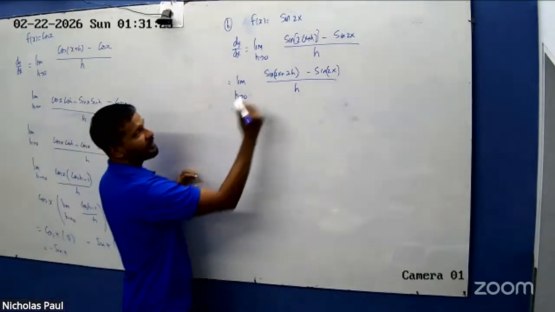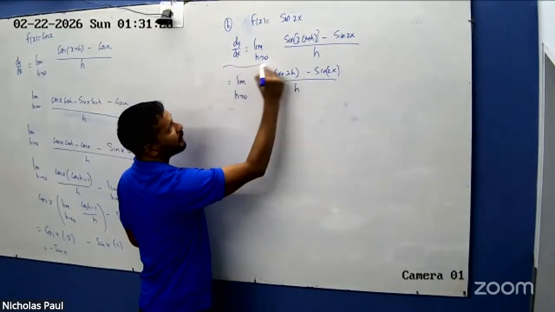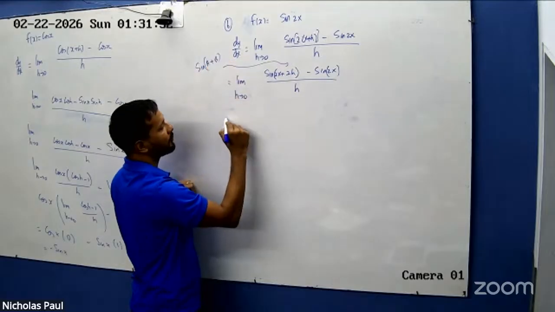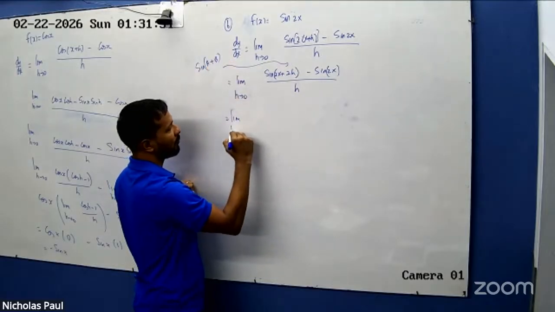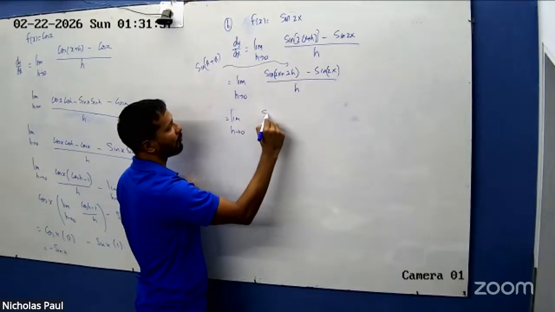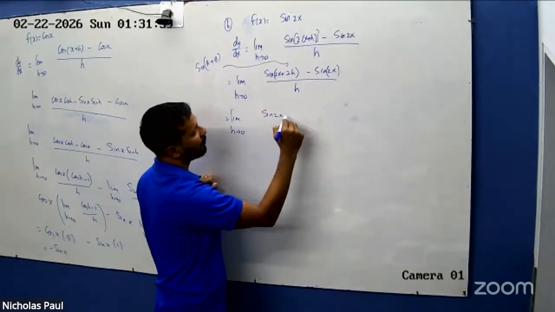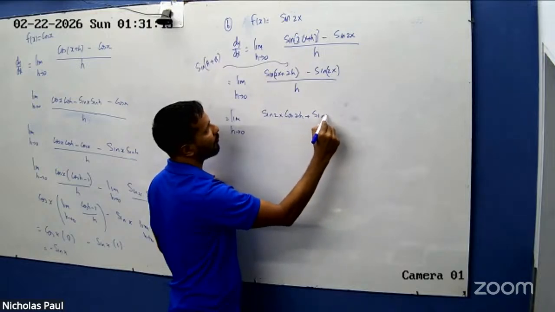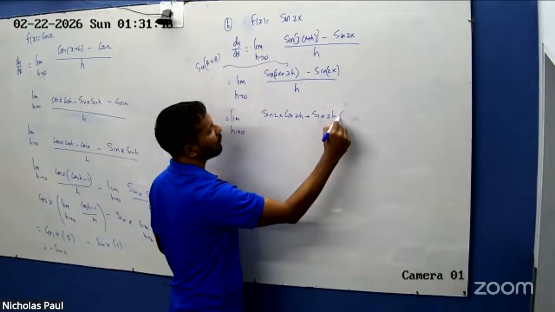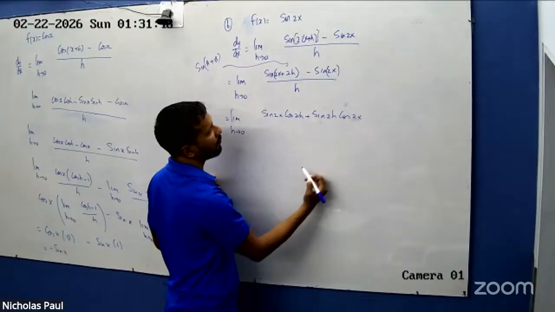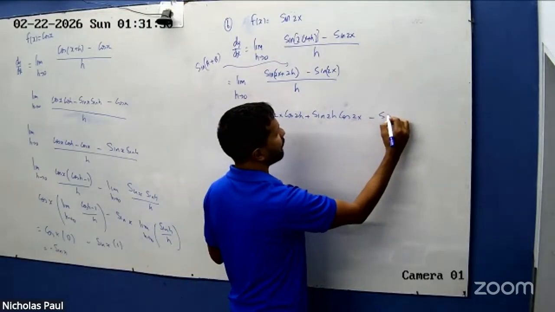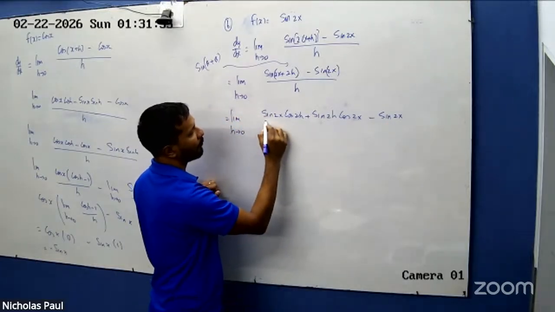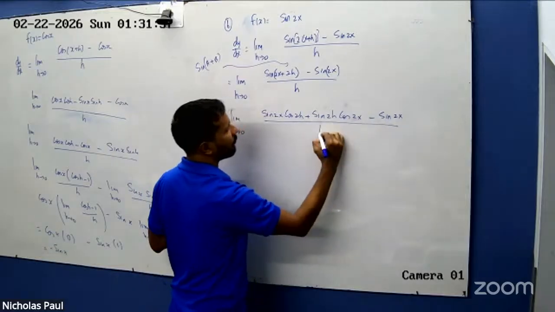Right, so you have sine, remember, you're using sine A plus B, right? You get full marks.